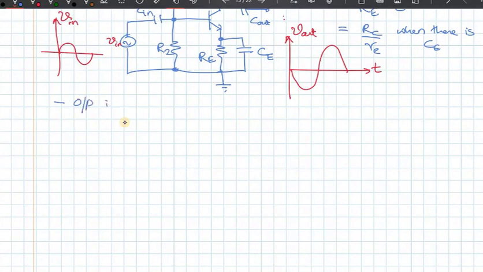Some notes: the output is inverted, and this is the most common configuration for many applications.